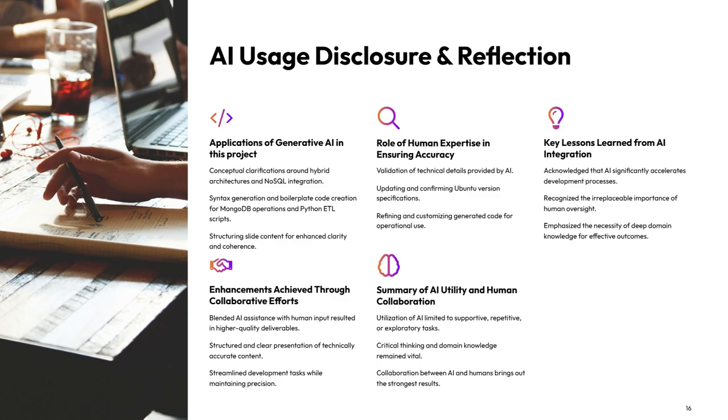So, AI usage disclosure and reflection. I used Claude AI, Gemini, and ChatGPT for the entire milestone, as well as Gamma.ai for creating the presentation. The AI helped generate boilerplate Python code for ETL scripts and initial CRUD templates.